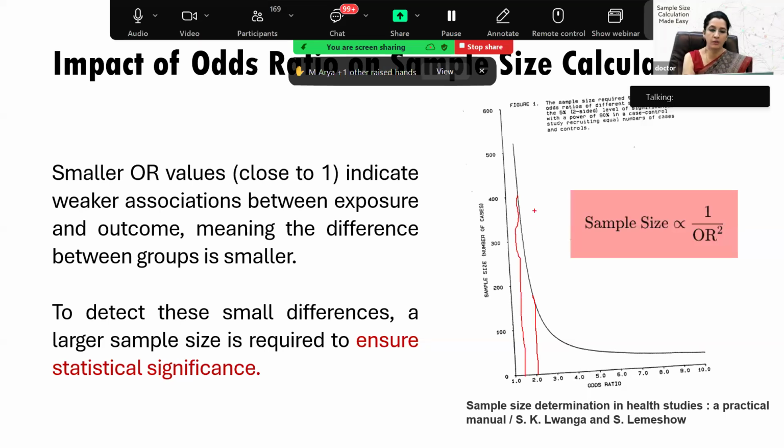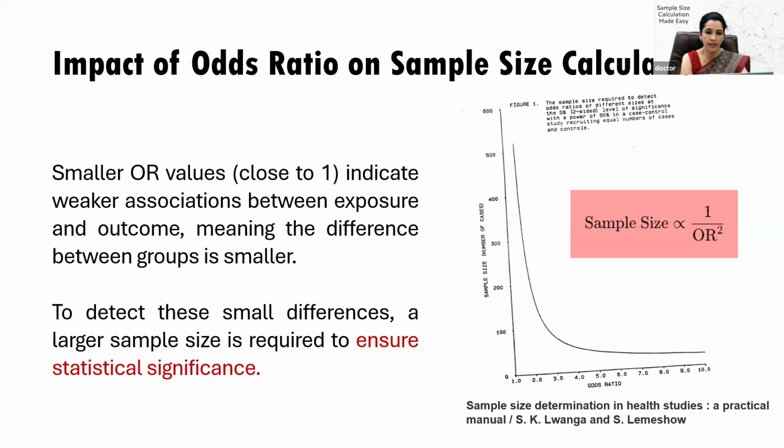I have not drawn a very straight line, but what do I want to convey by this graph? That with a smaller odds ratio, the way we have discussed before also, if the odds ratio is close to 1, your sample size requirement will be very, very high. You can see here the sample size requirement is near 600 and above. To detect a small difference, you need a larger sample size.